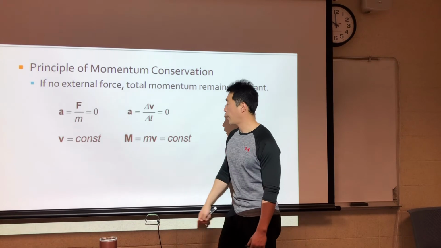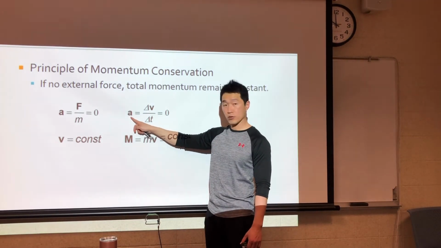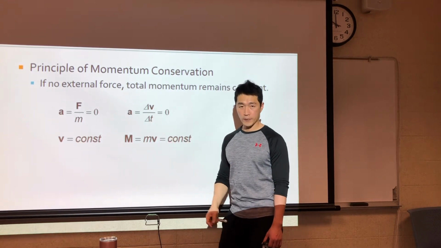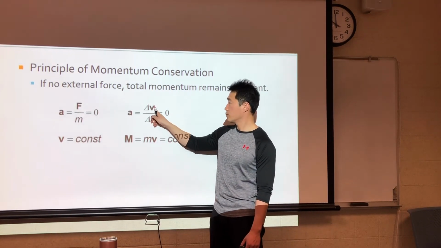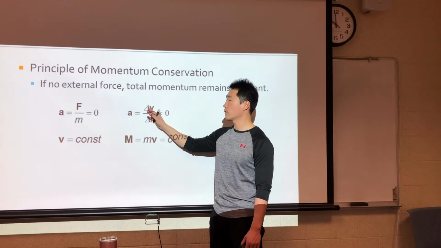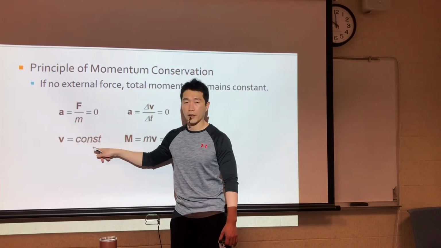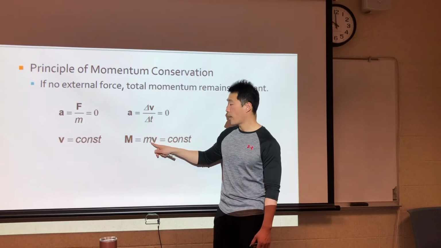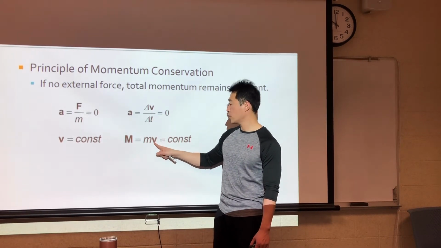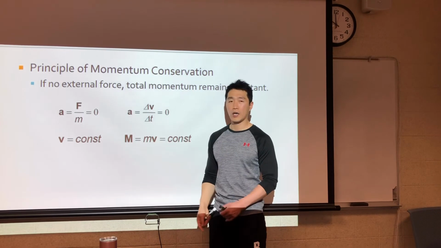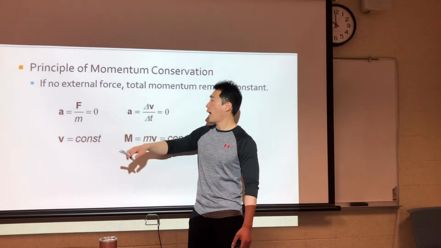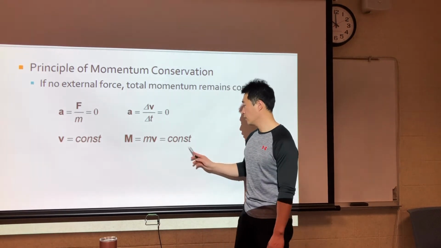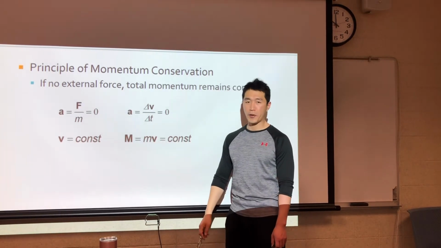Acceleration is equal to change in velocity over time elapsed, so this must be zero, which means no change in velocity, which means constant velocity. If velocity is constant and mass is also constant, then linear momentum is constant. That's right. If you have no external force, you will have constant linear momentum.